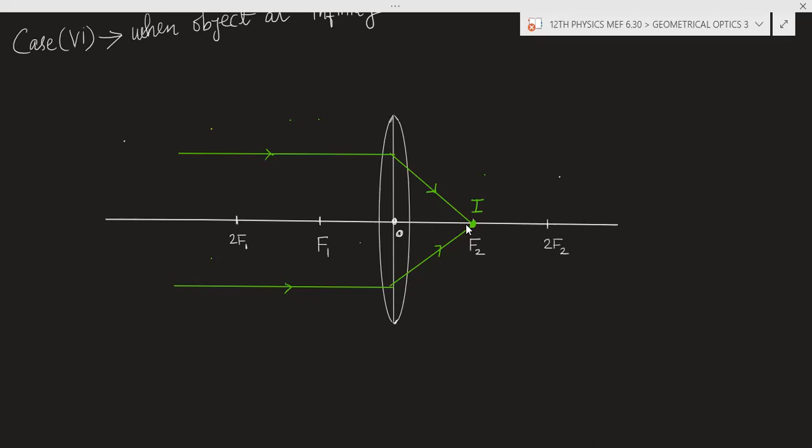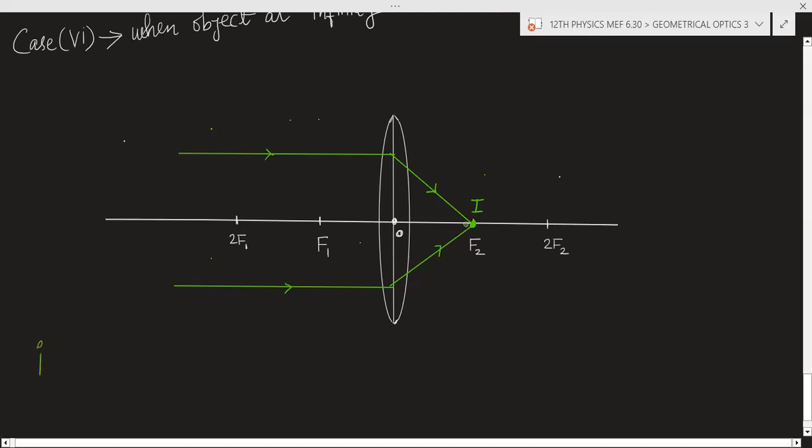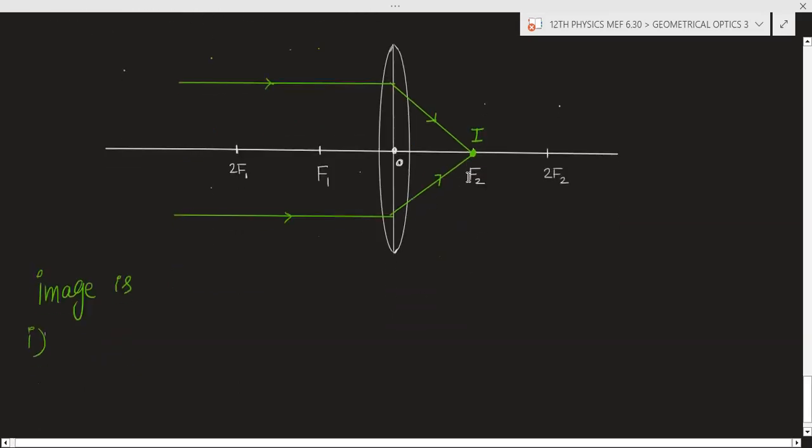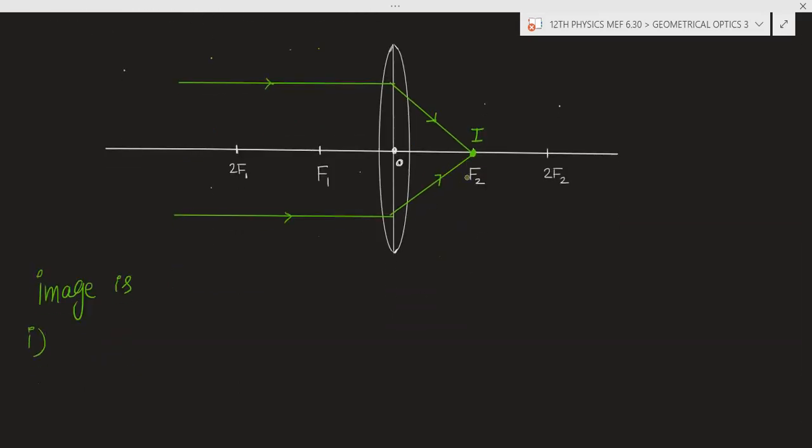Another point: the size of the image is very much smaller than the object. And where is the image formed? At focus. So in this case, number 1, the image is formed at focus, or F2, or principal focus.